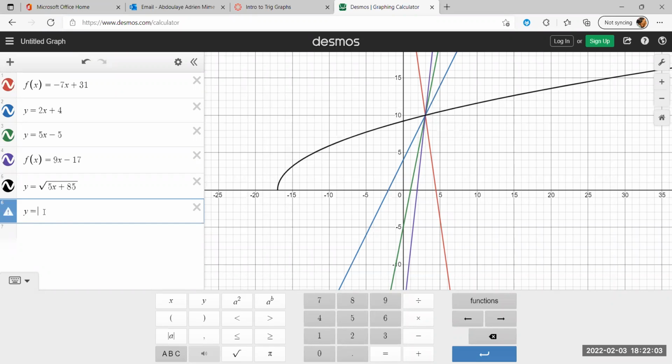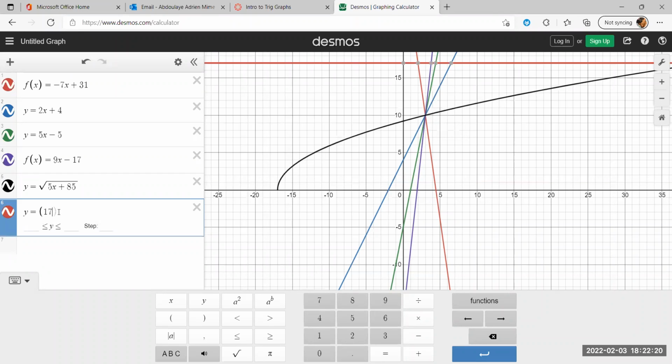Y equals cube root. To do cube root, it's a bit more complicated. I'm going to use to the power of a third, because cube root is the same as raising it to the power of a third.